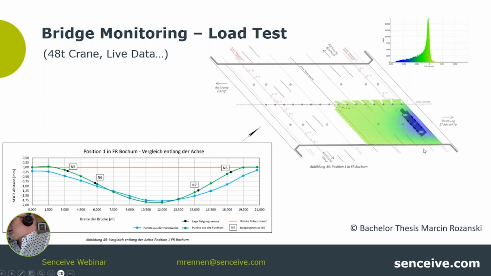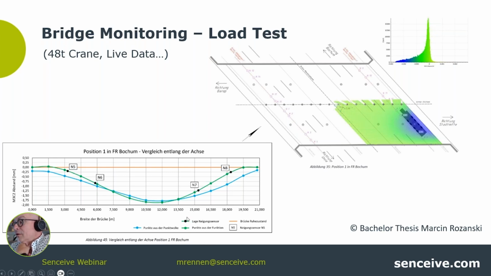They calculated curves from the deflection they had from laser scanning, and the same curve they calculated from the tilts of the sensors and displayed them here. And you see that the results coincide quite well.